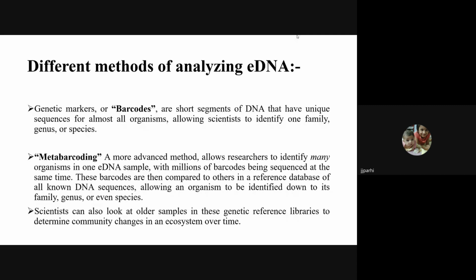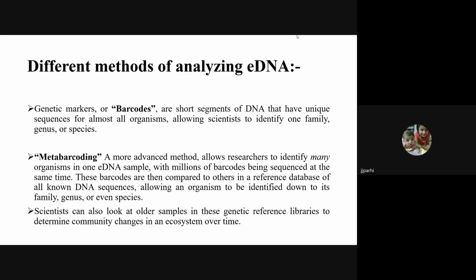So in eDNA, basically we will go either through barcoding, when we have very known species to identify. If it is a small location and we know there are 25, 30 species available, we want to know how many are there, whether they are present or not. In that case, we can easily go for barcoding, if you have a very specific and very small number of species to identify.